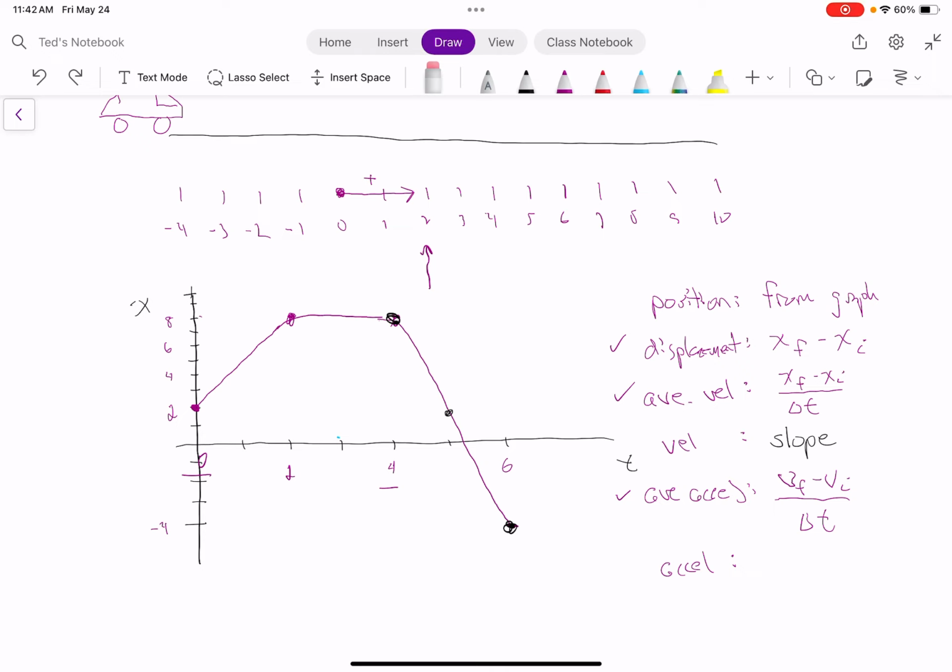So that happens when the slope of the line is changing, which means that for this whole straight line, the acceleration is 0. And for this whole straight line, the acceleration is 0. And for this whole straight line, the acceleration is 0. So where's the acceleration not 0? The acceleration was not 0 in the places where the slope was changing.